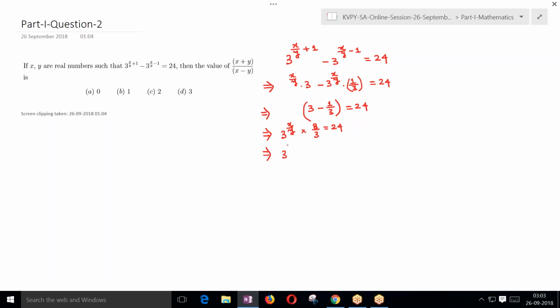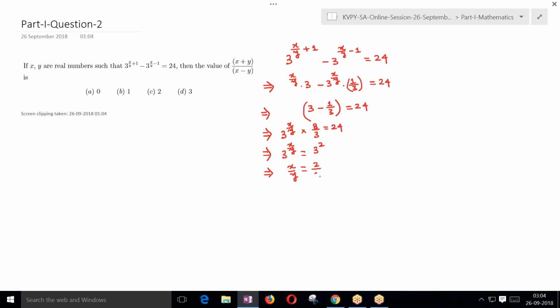This implies 3 power x by y is equal to 3 square. So by means of the laws of indices, we can conclude x by y is equal to 2.